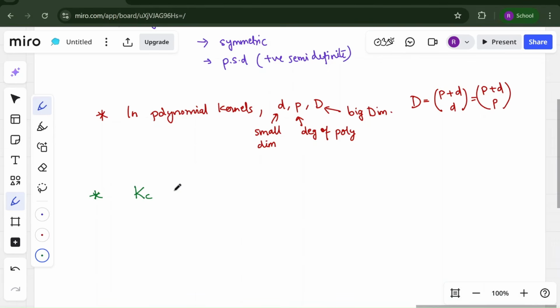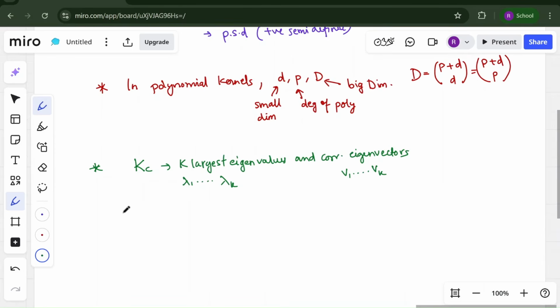For Kc we will compute the k largest eigenvalues and the corresponding eigenvectors. Let me call them lambda 1 up to lambda k, and these eigenvectors v1 up to vk.